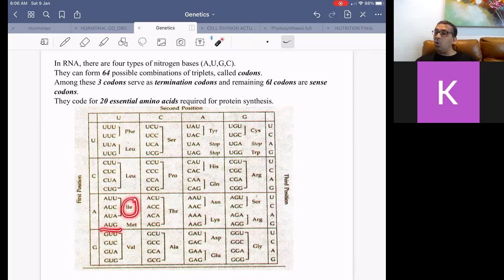AUG, the other start codon, codes for methionine.